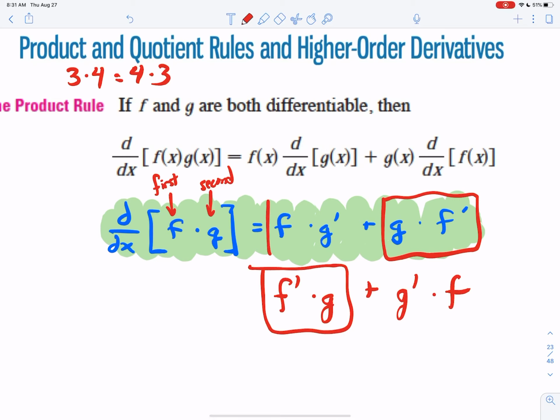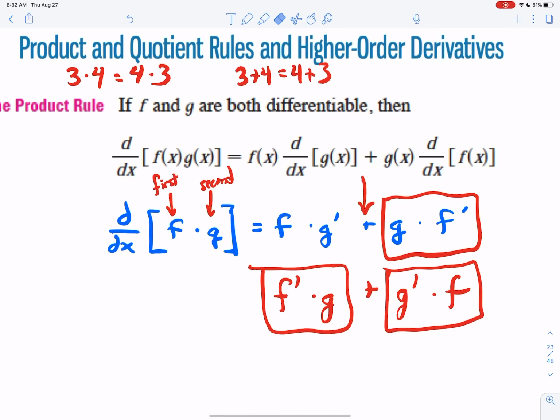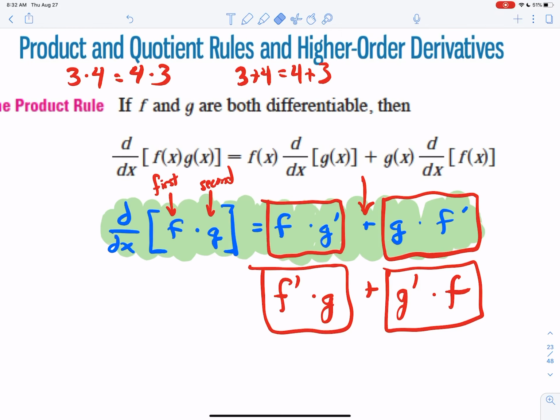And for the same reasons, f times g prime is the same thing as g prime times f. But also, addition is commutative. 3 plus 4 is the same thing as 4 plus 3. So really, if you set it backwards, quote unquote backwards, it's still forgiving in that you will still get the same answer, okay?